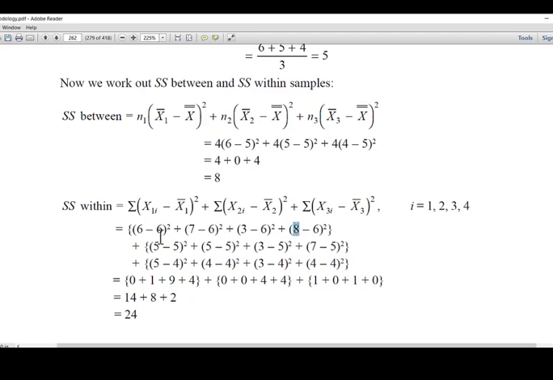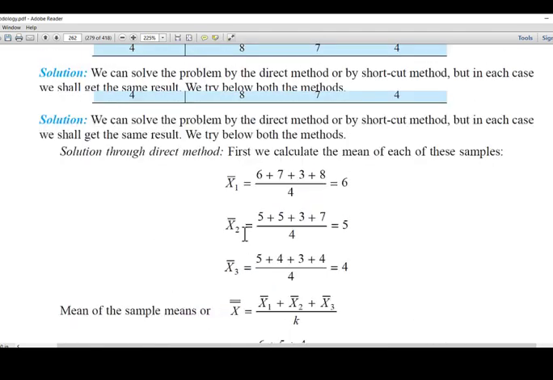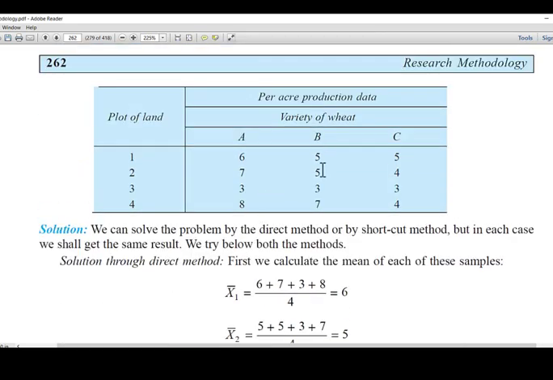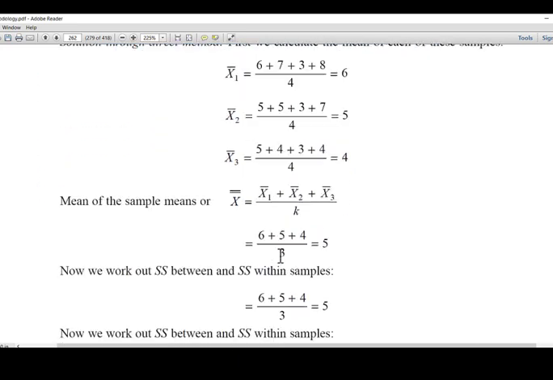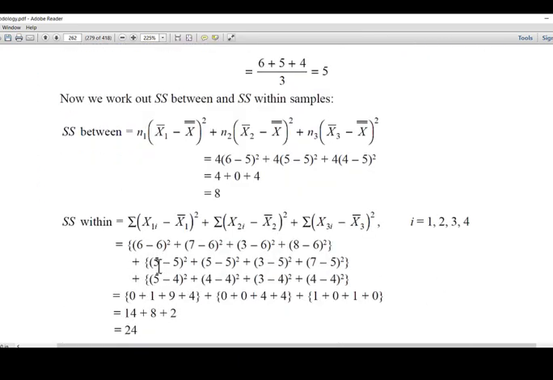Now coming to the second sample, 5, 5, 3, 7, and its mean is 5, and these are subtracted from their mean value of 5.